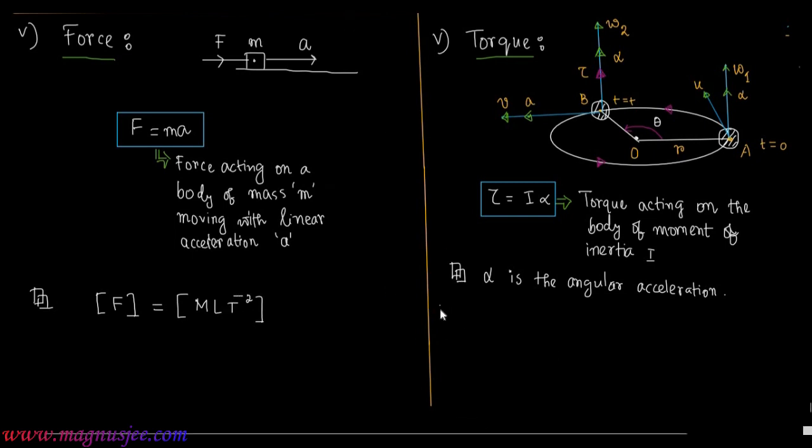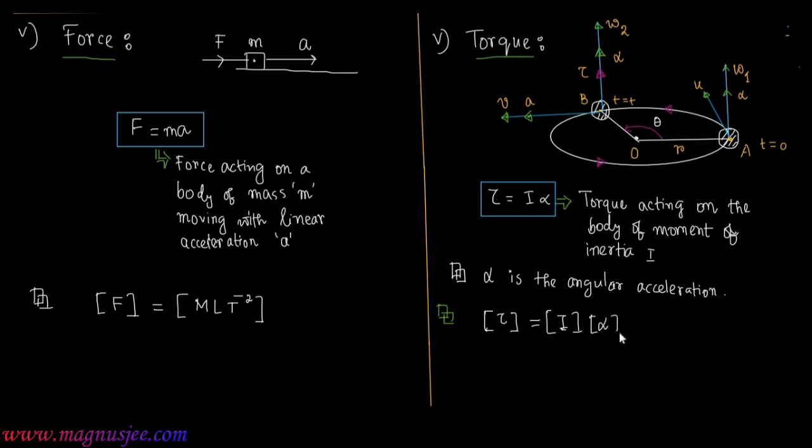On the right hand side, we can find the torque tau by using the equation tau equals I alpha. The dimension of tau, or torque, is equal to the dimension of I, the moment of inertia, times the dimension of alpha, the angular acceleration, which is ML² times T⁻².